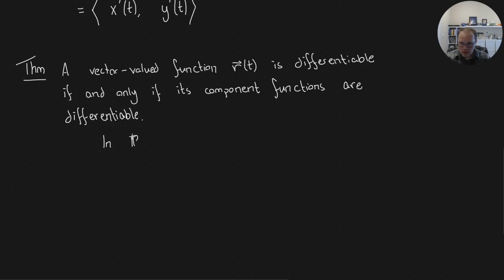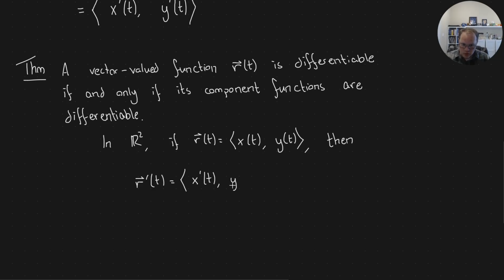In two dimensions, if r of t equals x of t, y of t, then r prime of t, the derivative of the vector-valued function, is found by just taking the derivatives of the individual component functions, provided the derivatives exist.